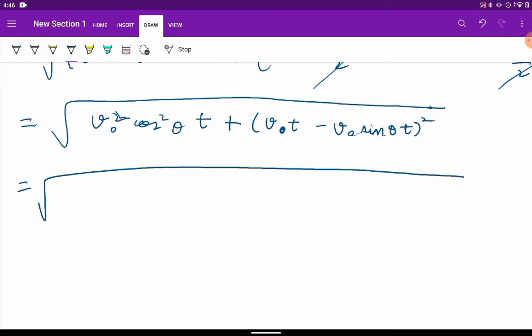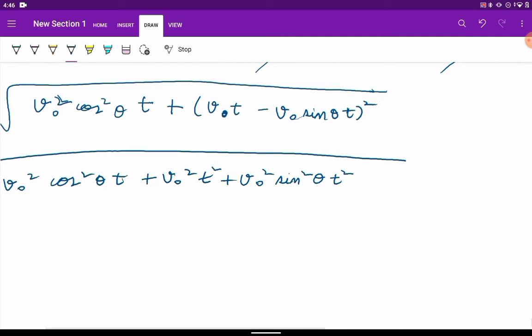If we open up the square term, v naught square cos square theta t square plus v naught square t square plus v naught square sine square theta t square minus 2 v naught square t square sine theta.